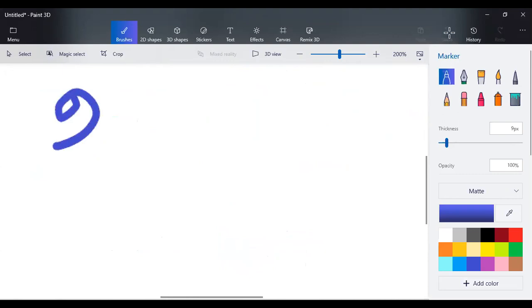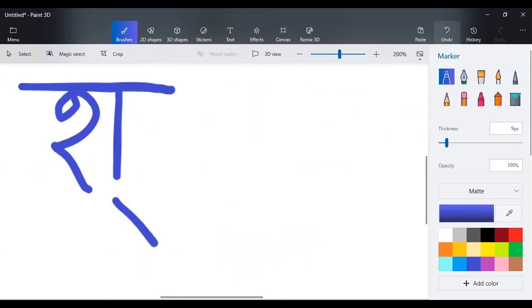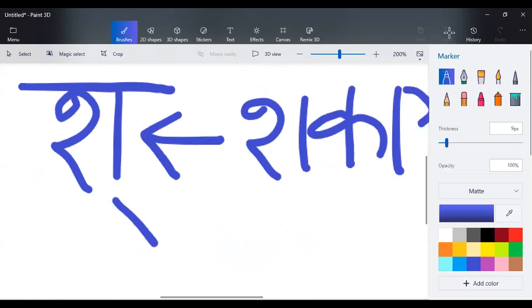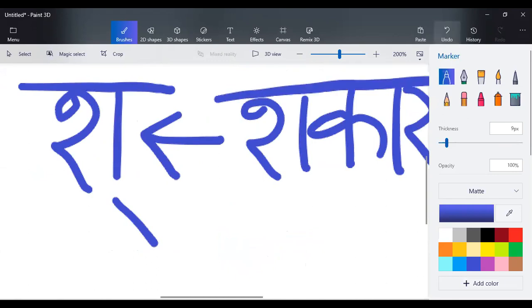Now this is the sibilant. How do you address it? By calling shakara. What is that? Sha, ka, and ra. Shakara.